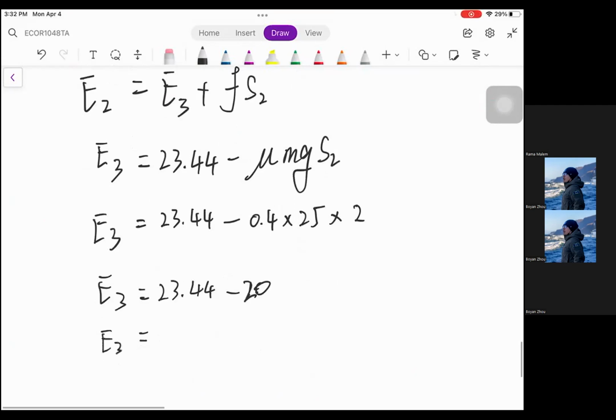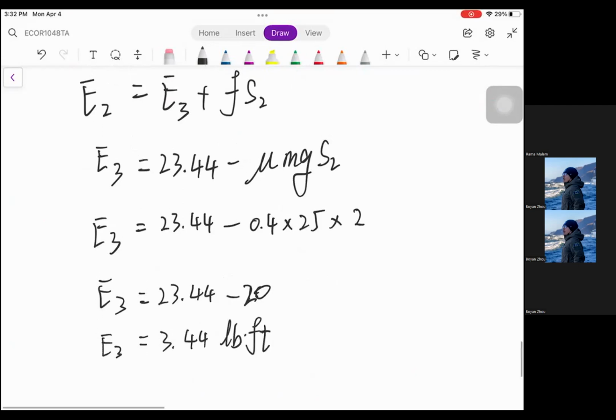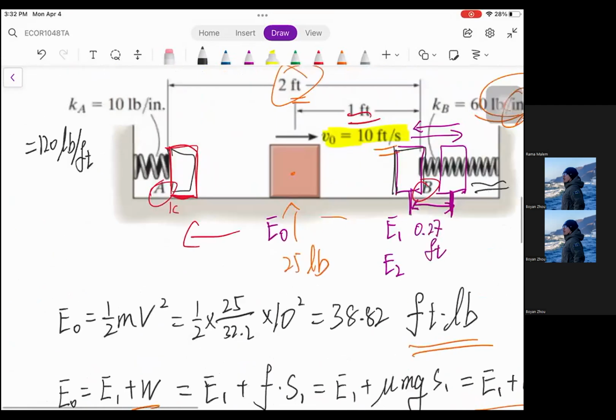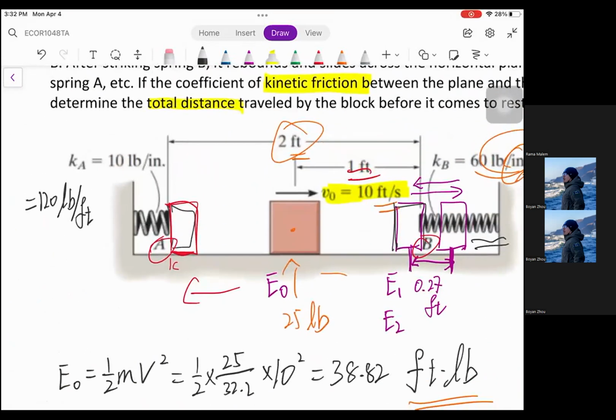So up to this point, only 3.44 pound-feet of energy is left. So when the block moves from the original location to the right, and then comes back to location A, only 3.44 pound-feet of energy is left.